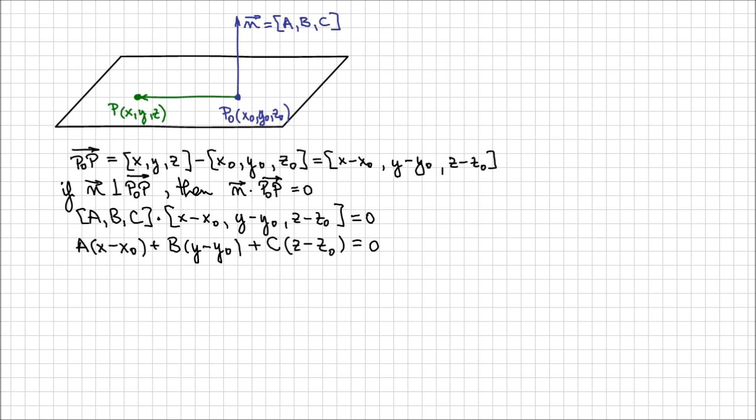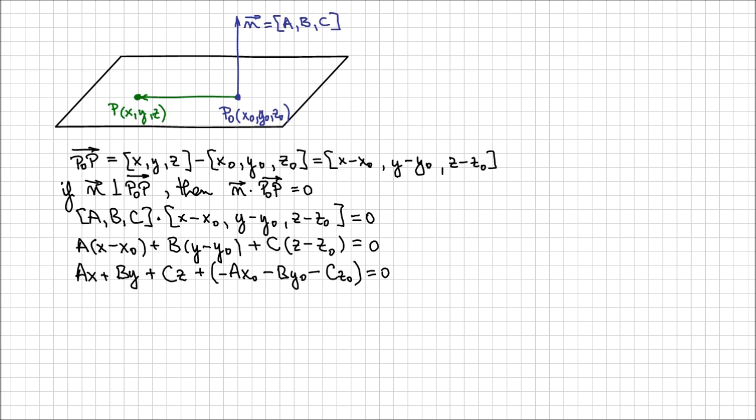One thing I'd like you to notice about this is that a, b, and c and x0, y0, and z0 are going to be numeric values. They are constants. Only x, y, and z are variables. So in the next step, I'm going to group these variables in the front and all the scalars at the end, because it's just going to be a numeric value.